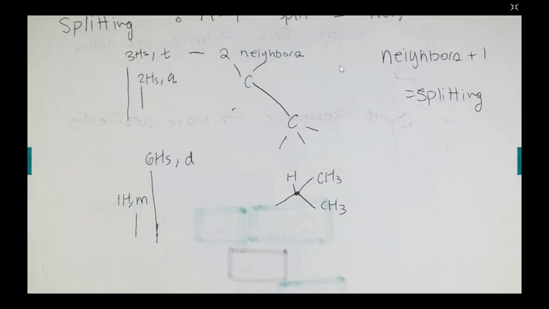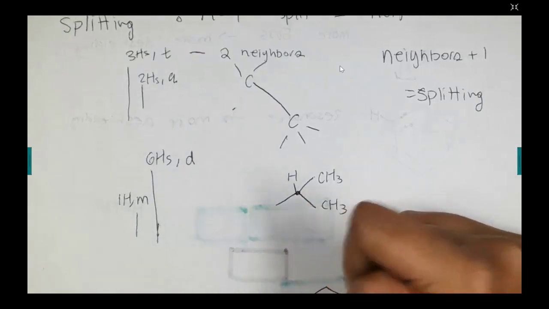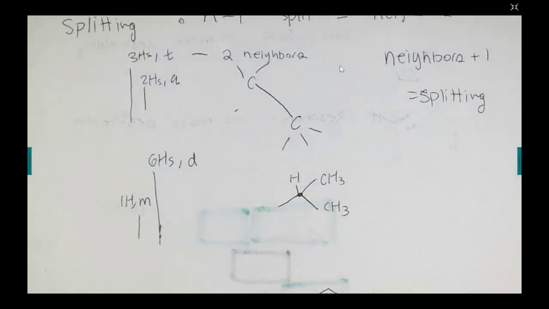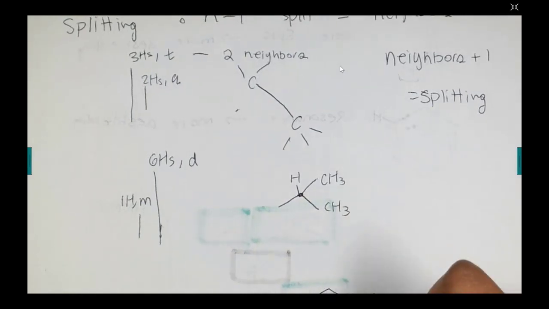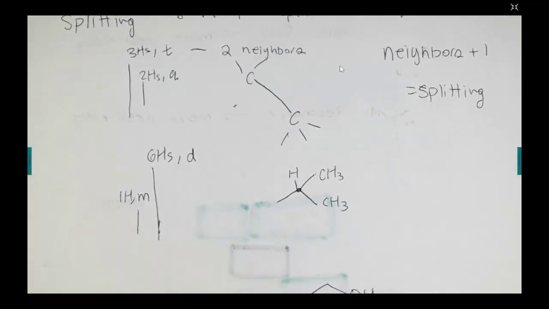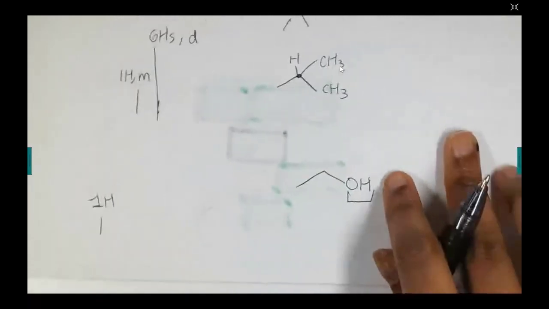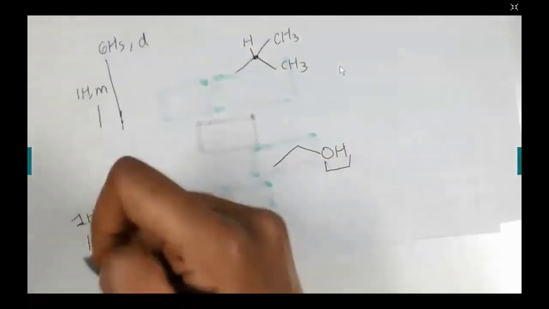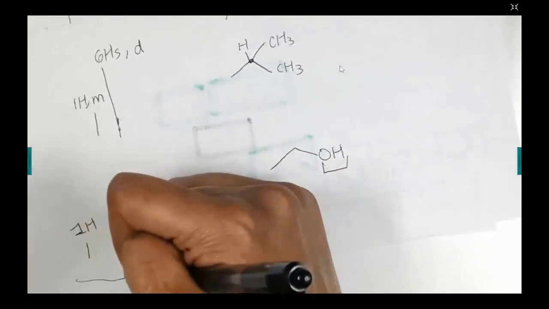The oxygen point. So yeah, for example, if you had an alcohol, generally if you see the alcohol peak, you're going, that's like 1H in the 2 to 5 range, right?